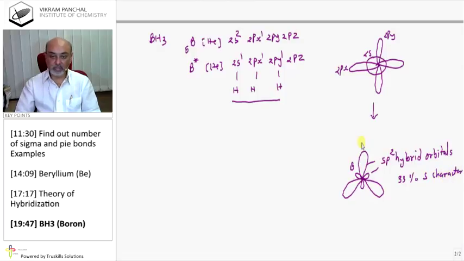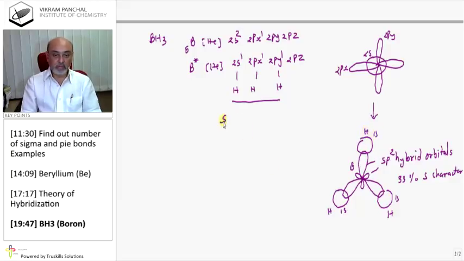So they are more like dumbbells, and then they will overlap with the 1s orbital of 3 hydrogen. Hybridization: sp2.